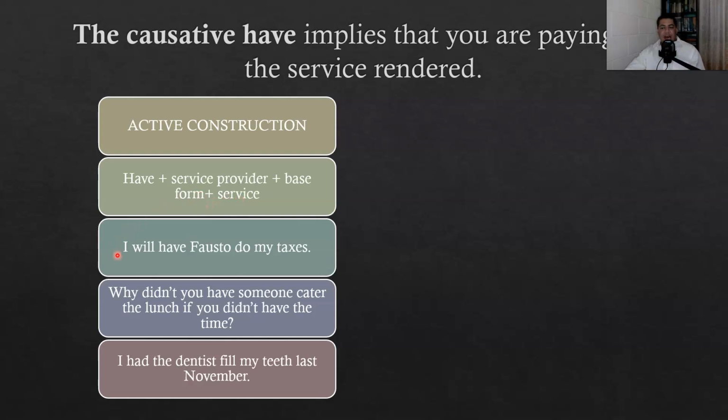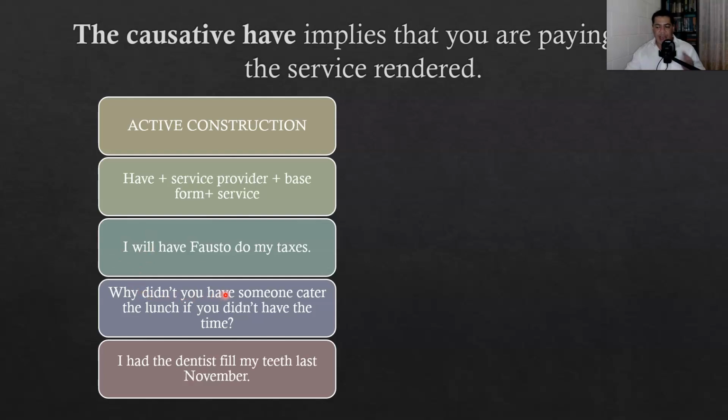Check this out. Here I have the causative verb have: I will have Fausto do my taxes. Fausto is going to be the service provider, right? Do is the base form of the verb that I am using for the action that Fausto is going to perform. And what is the service? My taxes. Another example.